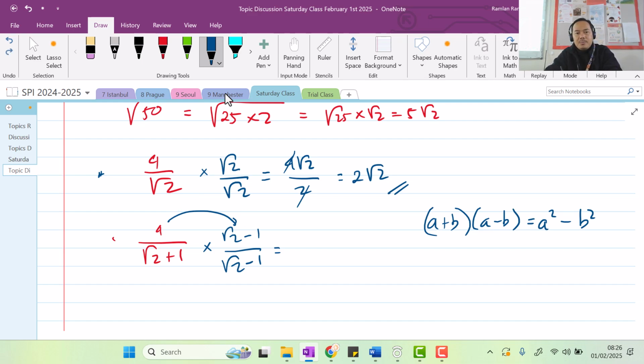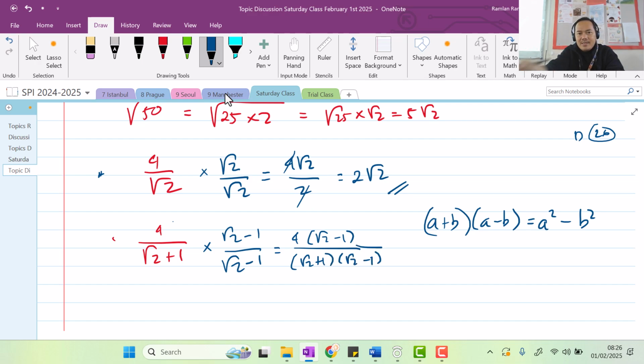But I'm not going to multiply the top first. I'm just going to write down 4. So it's 4 bracket square root of 2 minus 1, and on the denominator, there will be square root of 2 plus 1 times square root of 2 minus 1. Now, we can expand this bracket.